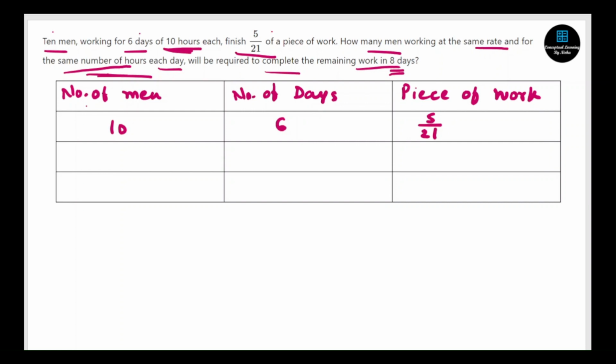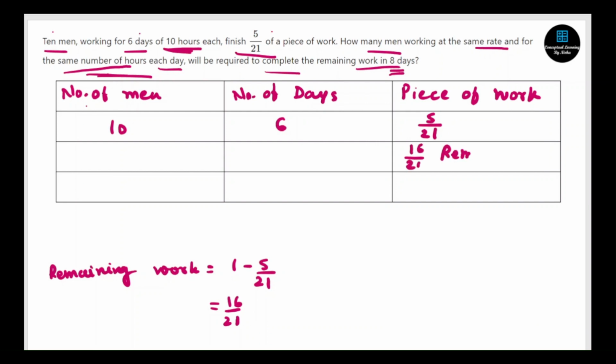Let me just write it here. Remaining work equals 1 minus 5/21. So this is nothing but 16/21. Now first of all what I'll do, the remaining work is 16/21. This is remaining.